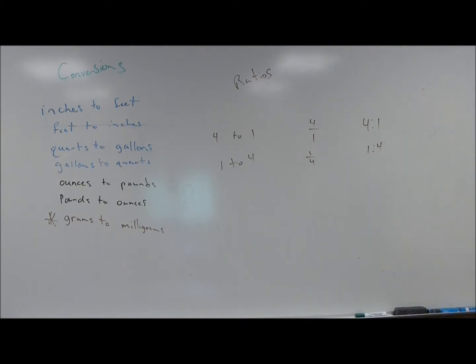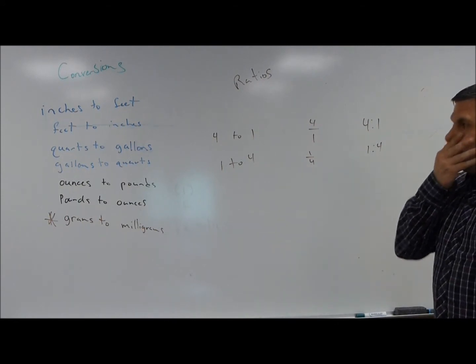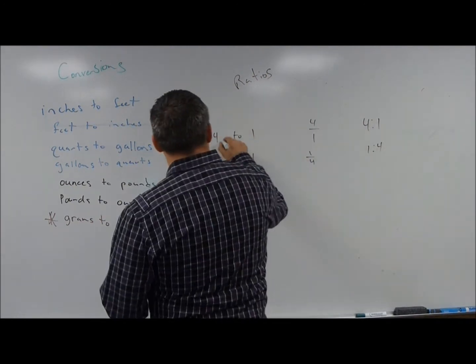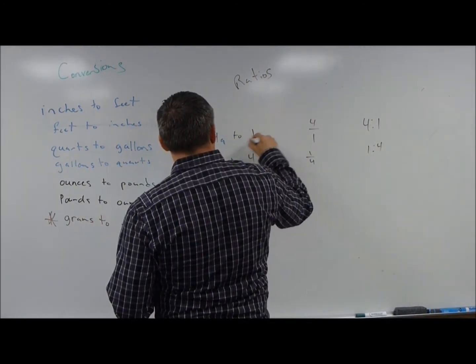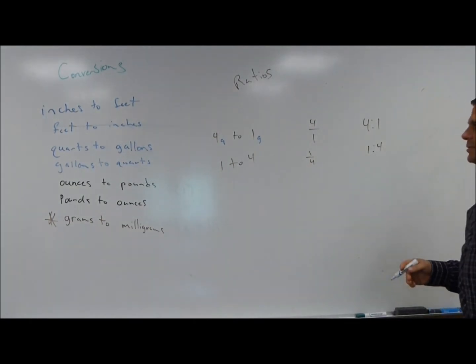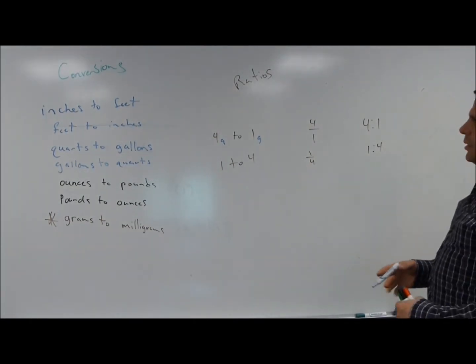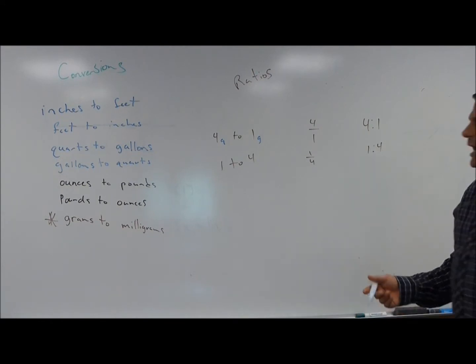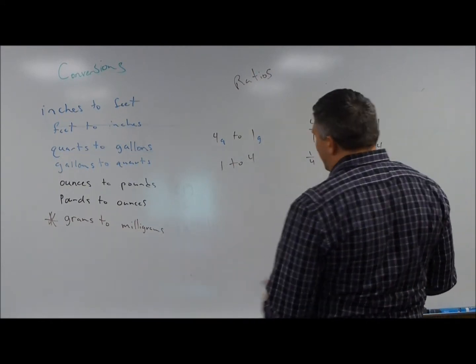Okay? So ratios are also needed when we're working on this, because if we talk about quarts to gallons, and I want to go from, which one do you want to do, quarts or gallons? I'm just going to put out a number.